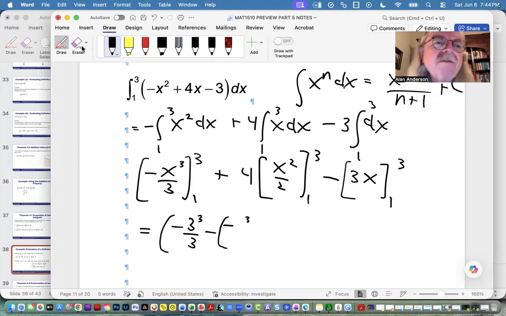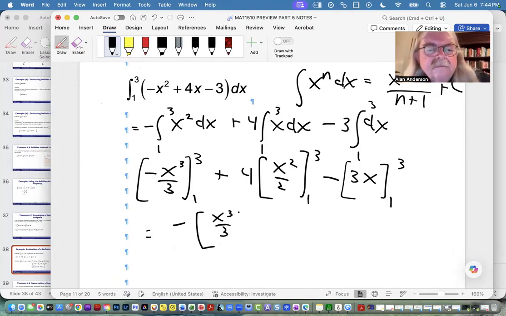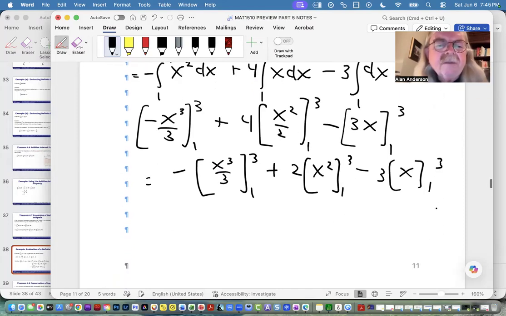I'm going to actually simplify this rather than diving right in. There's such a huge risk of making a sign error. Let's do this instead. Same thing here with the 4 and the 2 and the 3. I think you'll agree that'll make it less likely that we make a mistake.